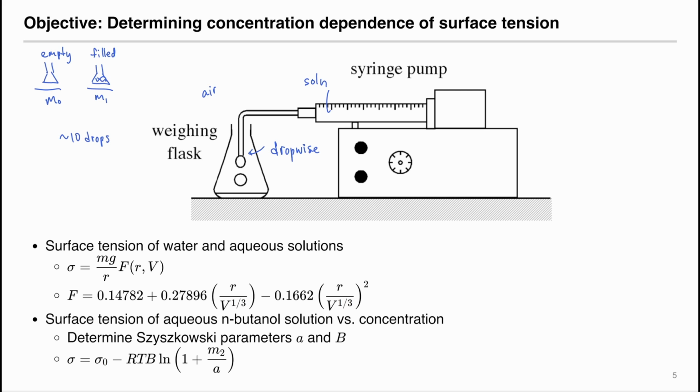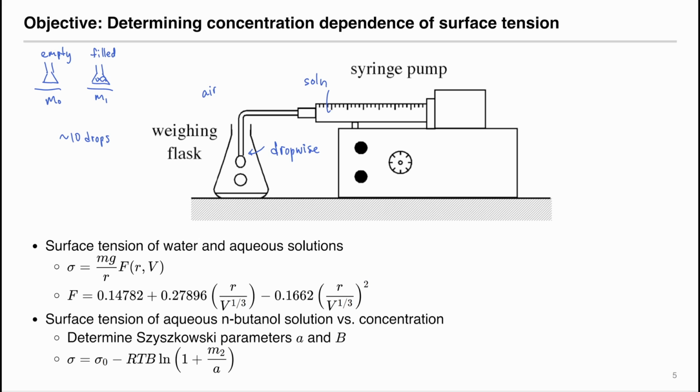The surface tension is directly related to the weight of each drop divided by the nozzle radius r, multiplied by a correction factor that is a function of r and V, which are the radius of the nozzle and the volume of each drop.